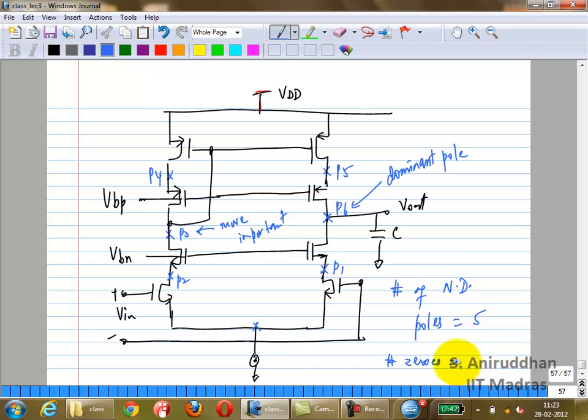Why 3? Any ideas how you would find the number of zeros? 4 zeros, 2 zeros, why? What are the 3 parts here? I see only 2 parts. We still have only 2 parts. We don't have 3 parts here, right?